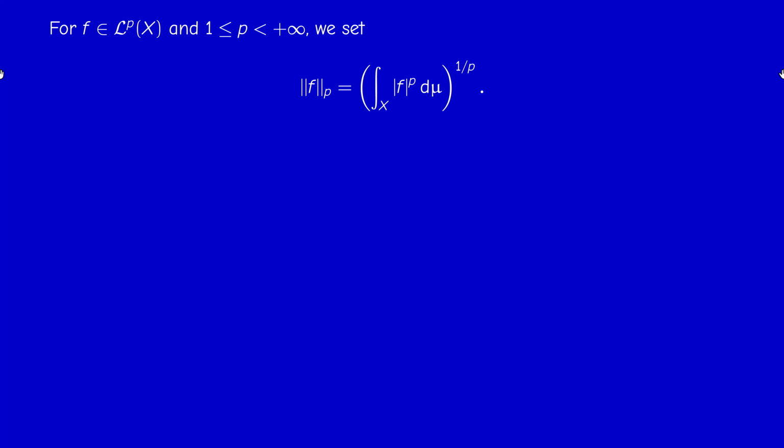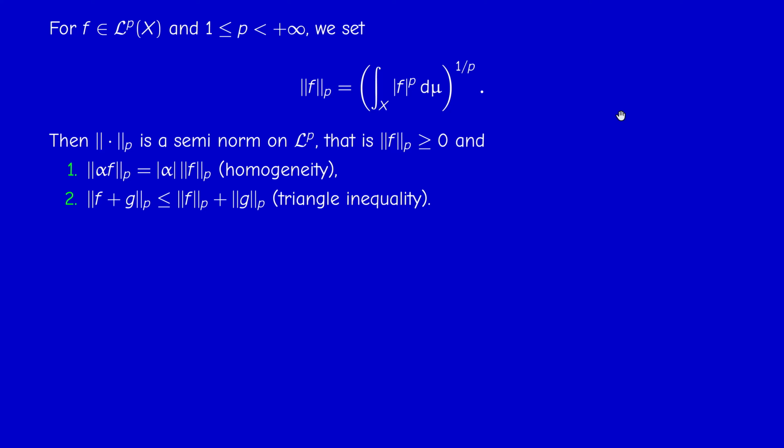Now, if f is in LP, we set norm p of f to be the integral of f to the p raised to the power 1 over p. This is now a finite number. Strictly, we call it a norm, but actually it's not, strictly speaking, a norm.